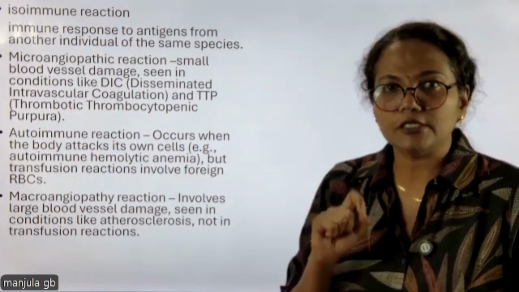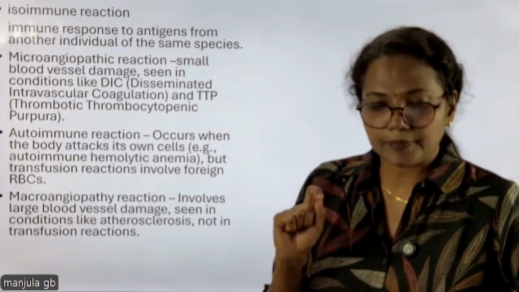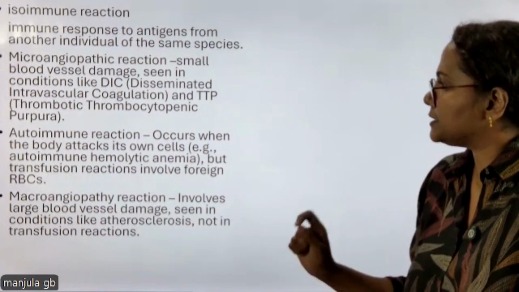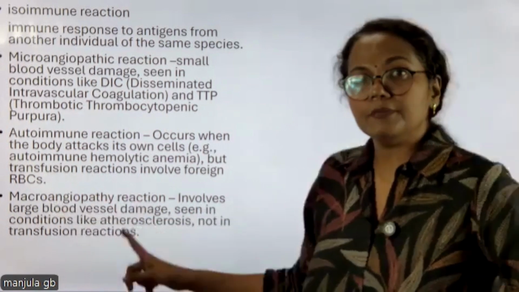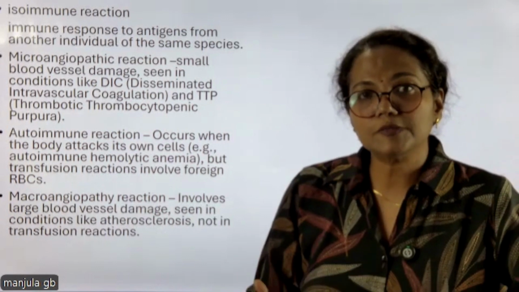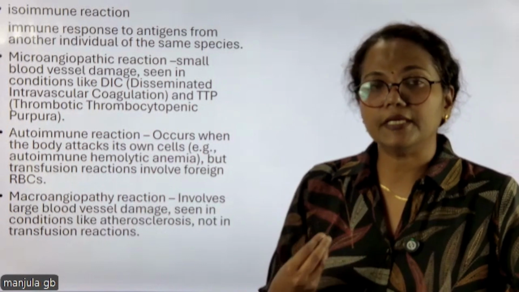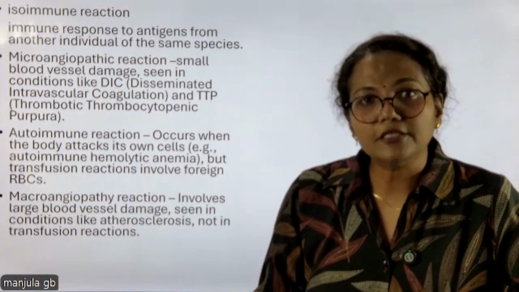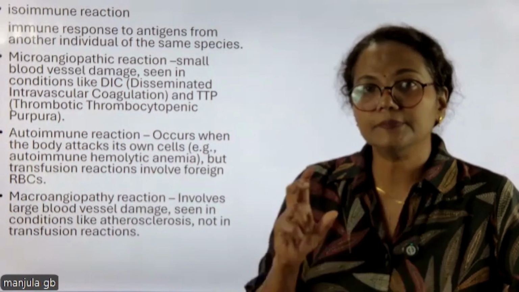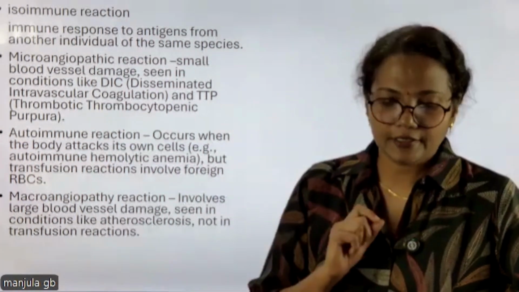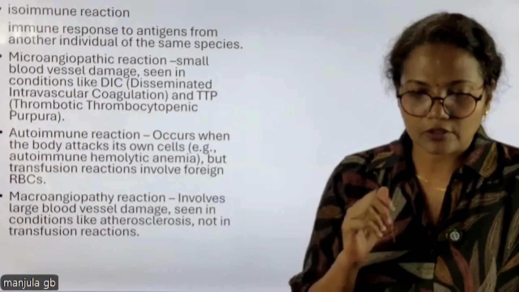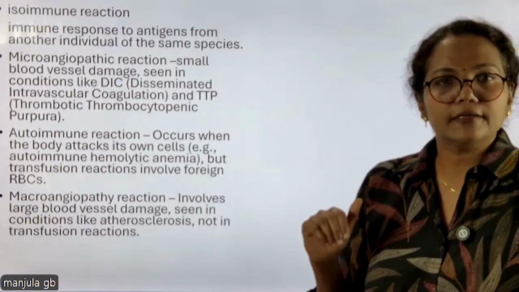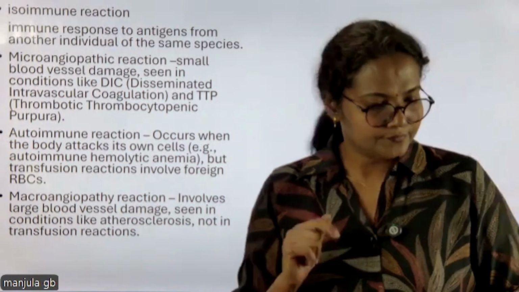That condition is called microangiopathy, or microangiopathic reaction. Macroangiopathy means what? Macro means big, angio means blood vessels. Bigger blood vessels are being affected, as in the case of atherosclerosis. So larger blood vessels are affected there. I hope it is clear. All the four conditions are clear, right? Yes? Fine.